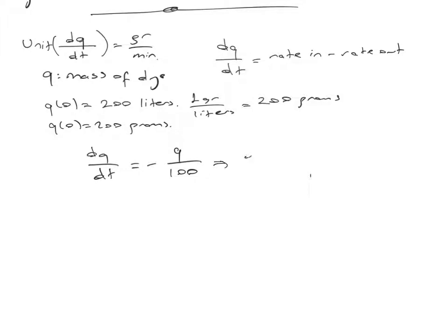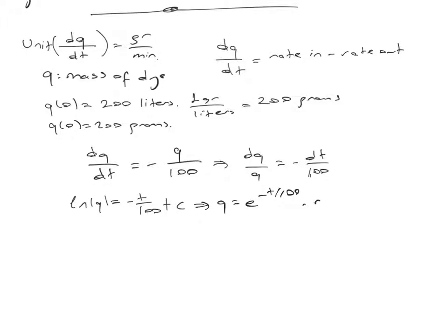From here, dQ over Q is equal to minus dt over 100. If we integrate both sides, we get ln Q is equal to minus t over 100 plus c. And from here, Q is equal to e to the minus t over 100 times c.